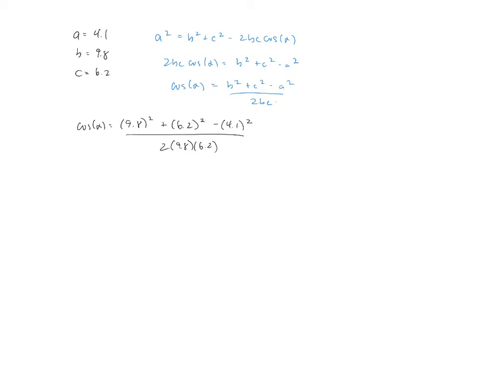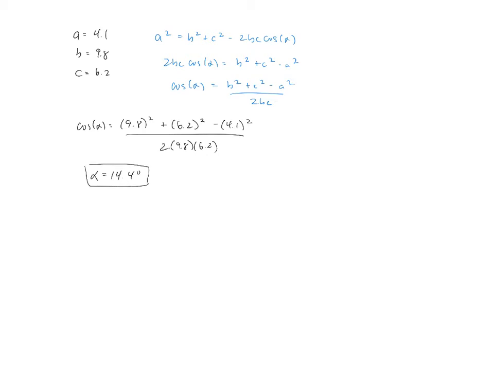Now, cosines are a little bit safer than sines because we all know that inverse cosine is going to exist in quadrants 1 and 2, which is where the angles of a triangle are allowed to exist on the unit circle. So when I take the inverse cosine of this, I find out that my alpha is going to equal approximately 14.4 degrees. So there's our alpha.